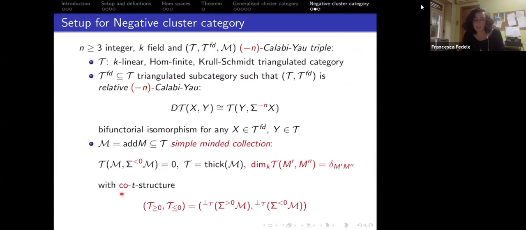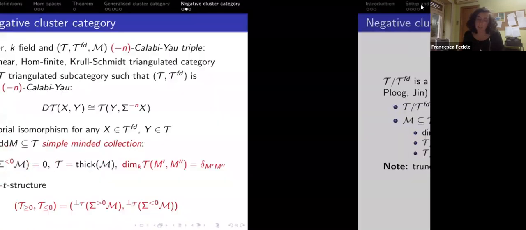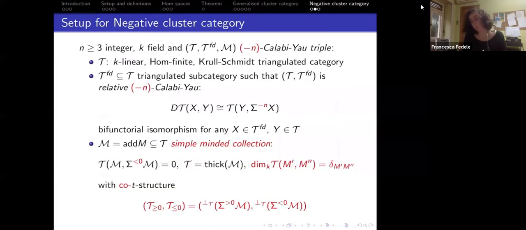And these are co-t-structures instead of t-structures, which are a bit more complicated to deal with, but we can do something similar. So the idea is that we can still build an inverse system and a direct system and play a bit with that, and we will get a very similar theorem to the one I was mentioning before.